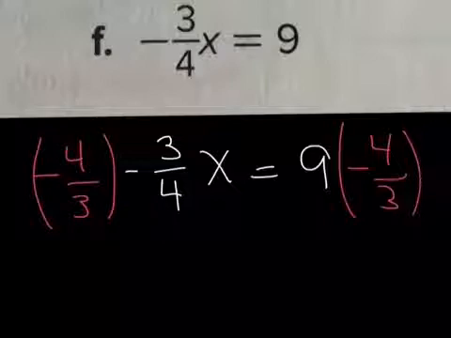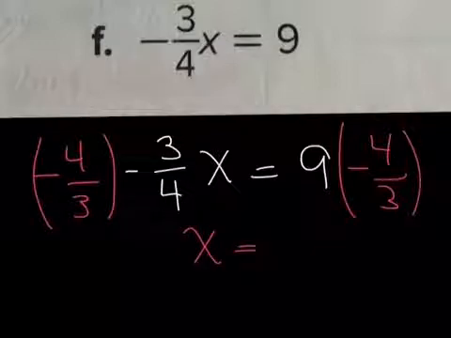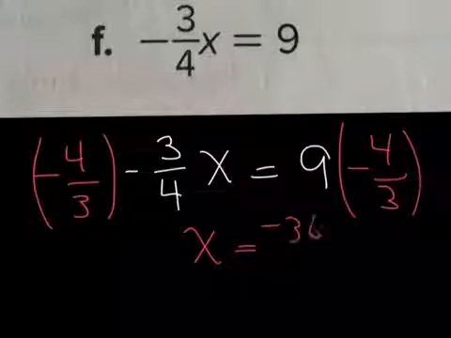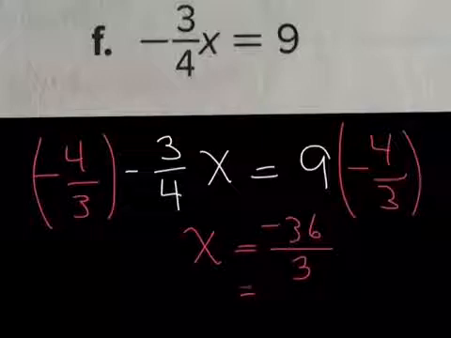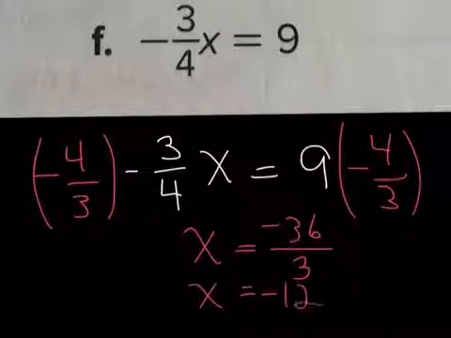Negative times negative is going to be positive, so this is all going to equal a positive 1, so it's just my x equals, and 9 times 4 is 36, and it's negative 36 over 3, right? And when I simplify that, I have x equals negative 12. And there you go.